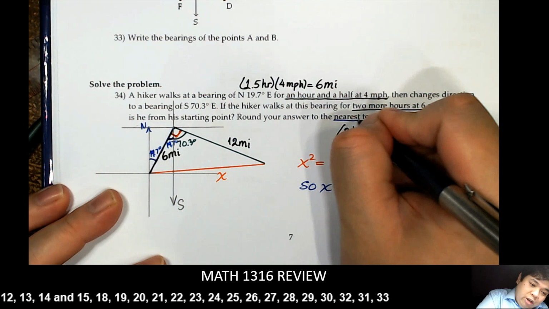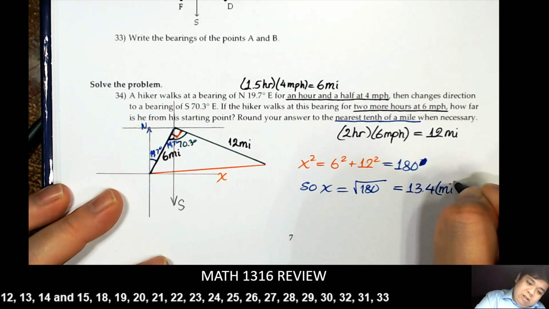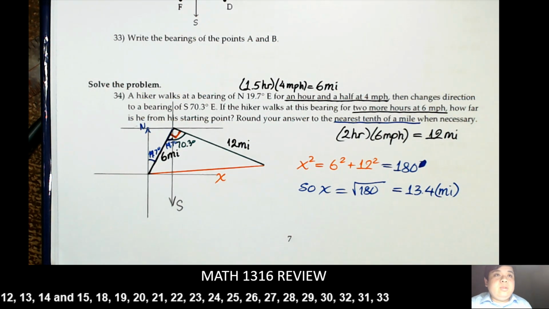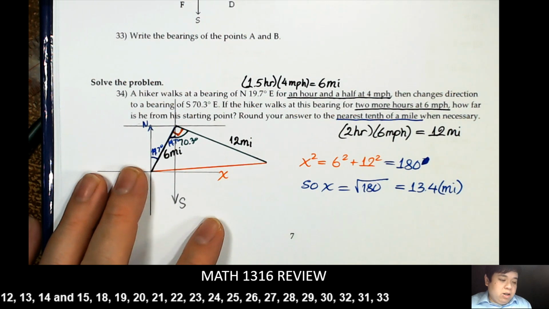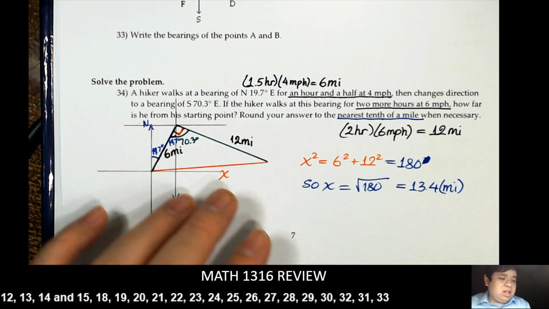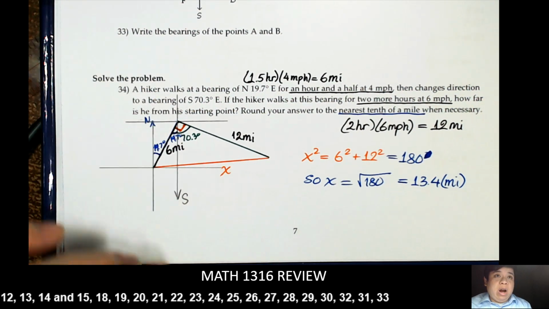And it's asked to the nearest tenth of a mile. So the key here is we have to draw the diagram good enough so we can see actually where it is. And it just happened to be a right angle.